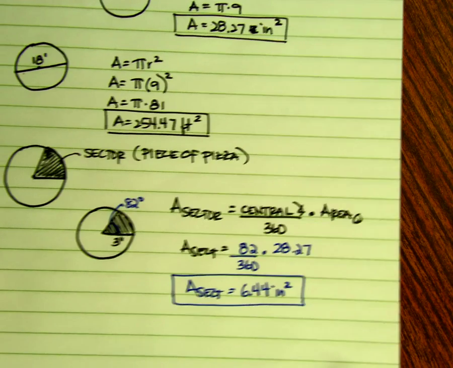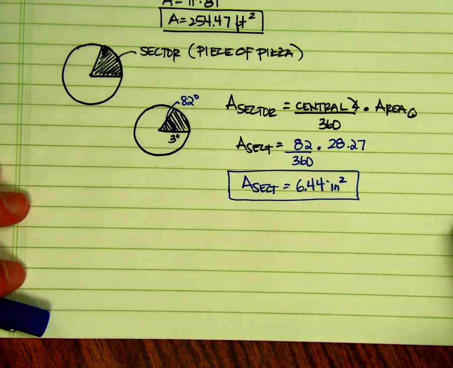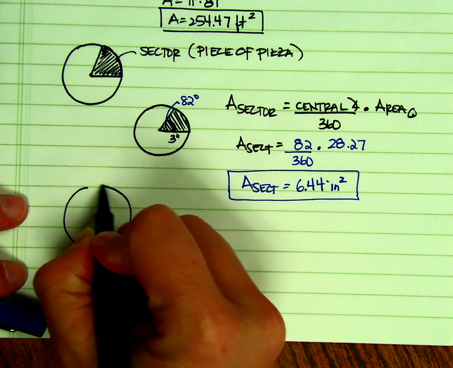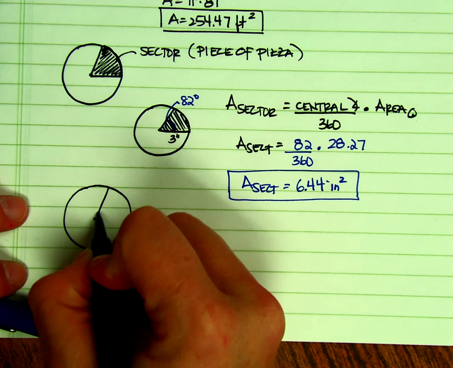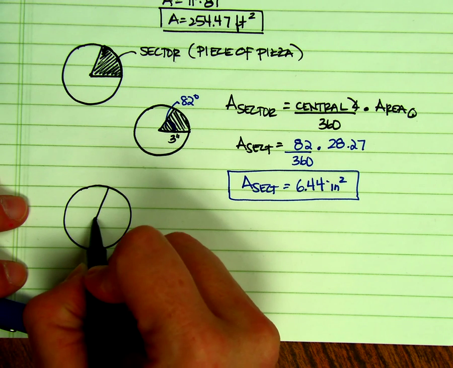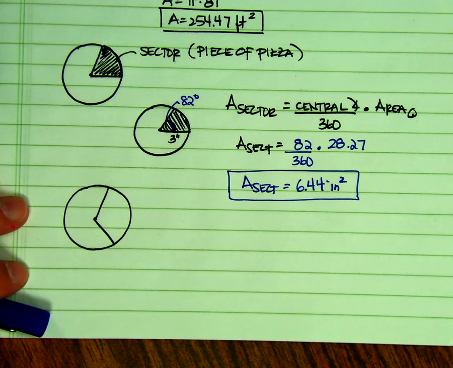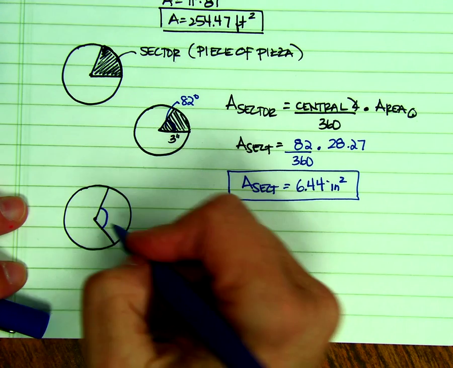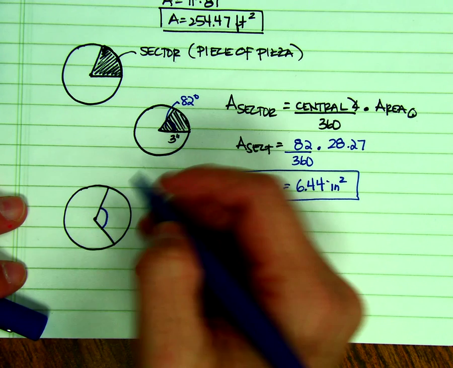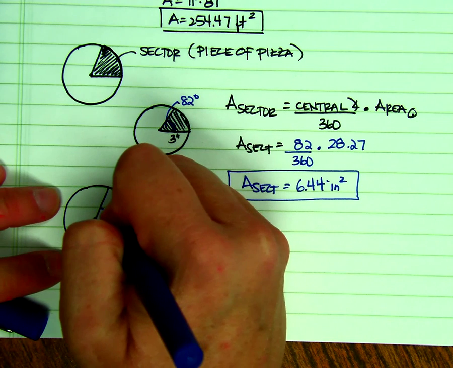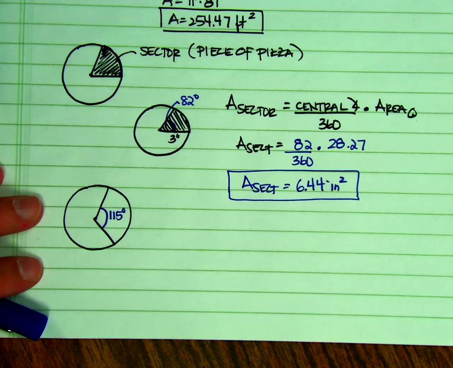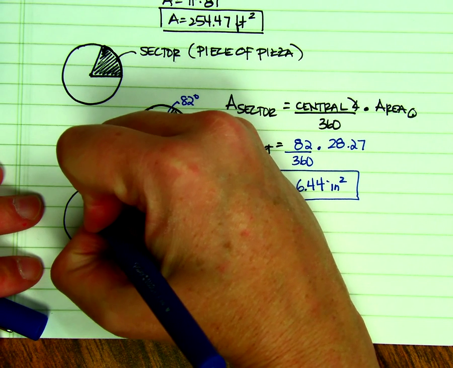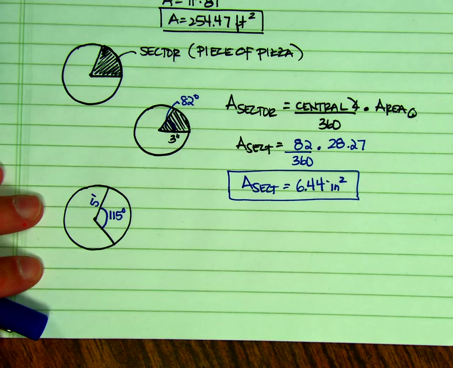Okay, last one. We're going to make this one bigger. So I'm going to tell you that the central angle is, let's say, 115 degrees. And I'm going to tell you that the radius is 5 feet.